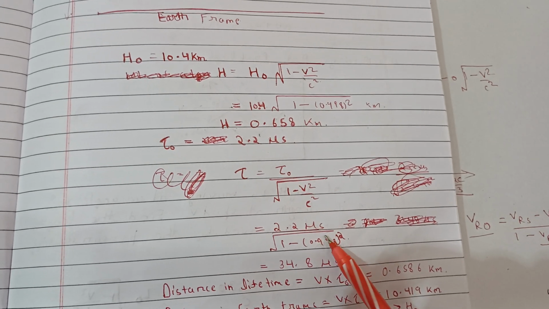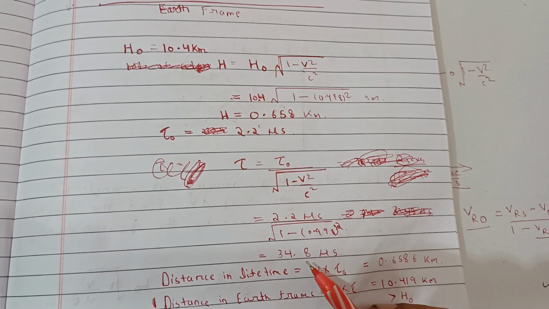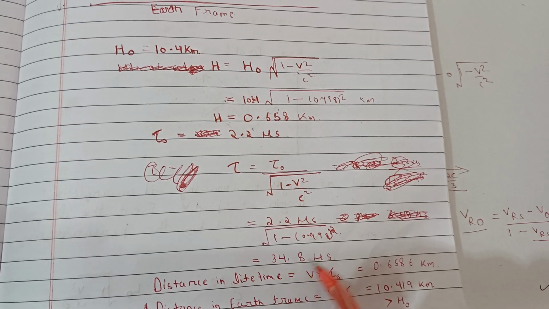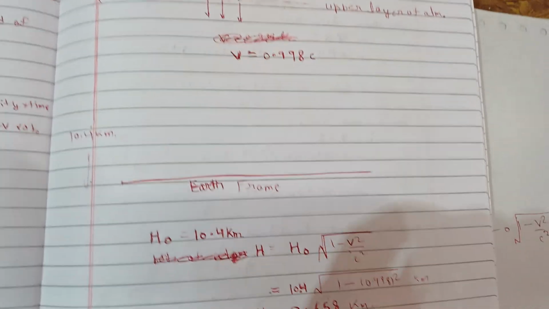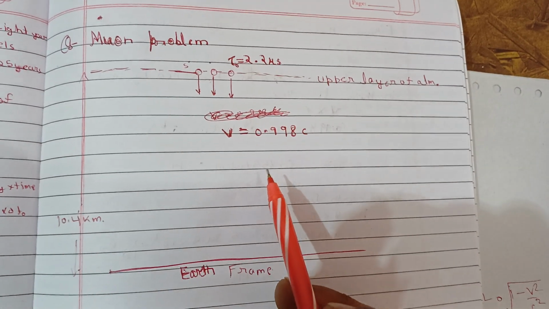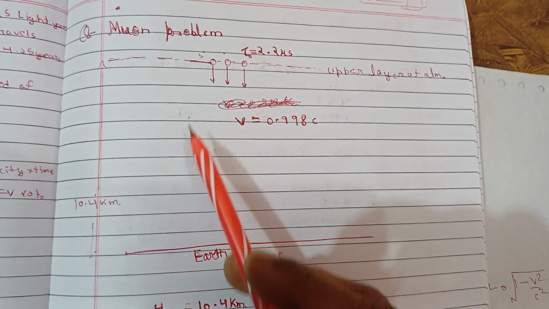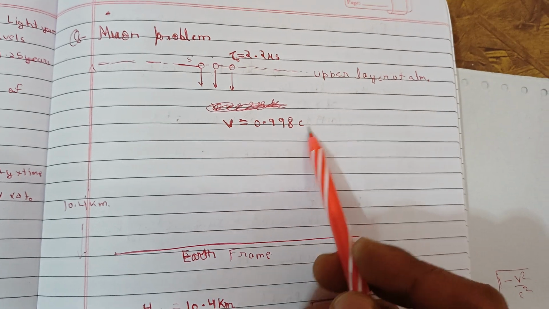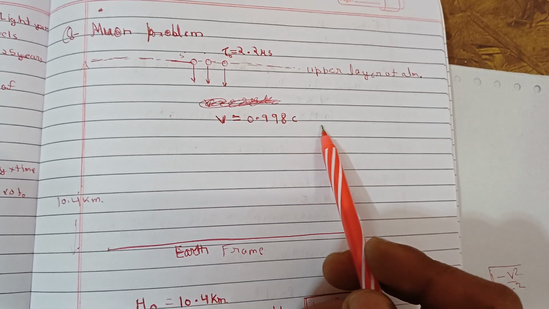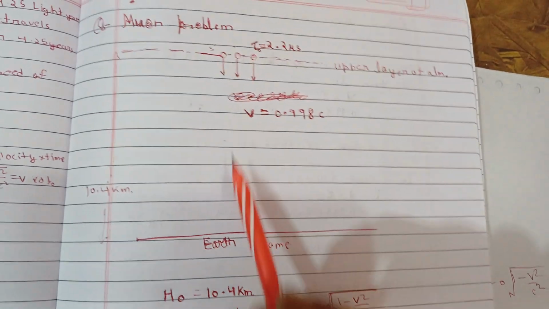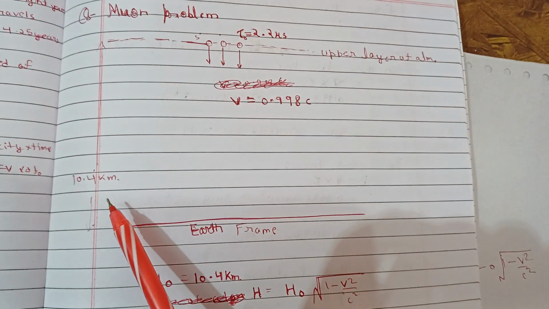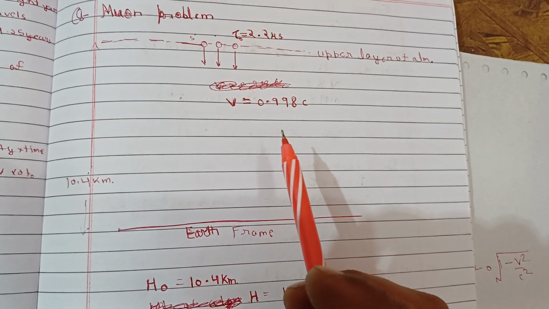So it will be more than 2.2 microseconds, and it will be 34.8 microseconds. So in the earth frame, the lifetime will be 34.8 microseconds. In the earth frame we can check by multiplying the speed by the 34.8 microsecond time. If that distance is greater than 10.4, then they will hit, and if it is less than 10.4, then they will not hit.